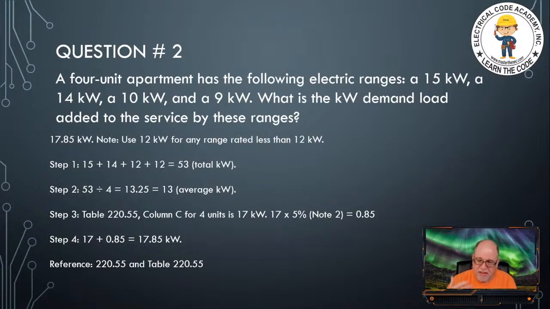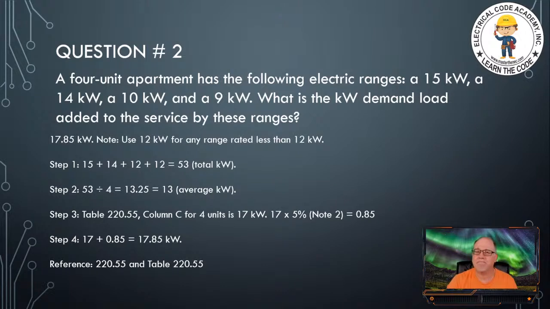So you increase the value in column C by 5% of that value, which was 17 kW. So 17 plus 0.85 is 17.85 kW, and that's the contribution to our service for these 4 ranges.